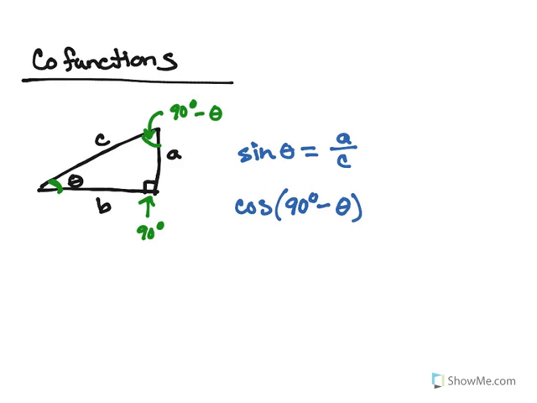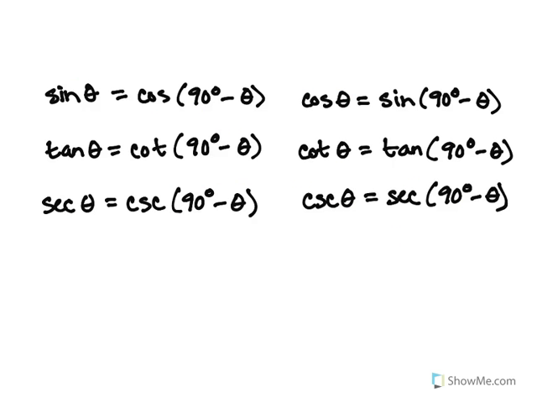I want to do cosine of 90 degrees minus theta, so the other angle. Cosine is adjacent over hypotenuse. Its adjacent side is A, the hypotenuse is C. So there's a relationship between the cofunctions here. And I have written them all down for you.